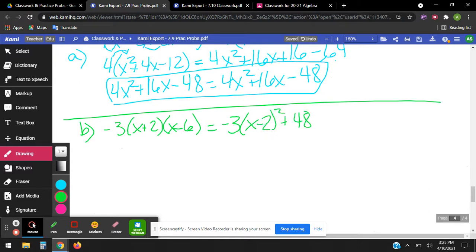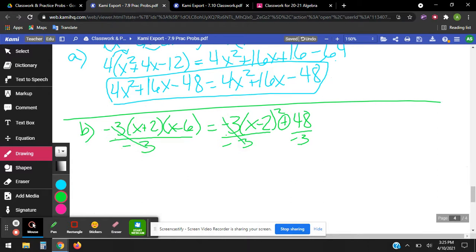Now I'm going to do this one slightly different. Notice how we both have a negative 3. They all have a times negative 3. So I'm going to divide everything by negative 3.